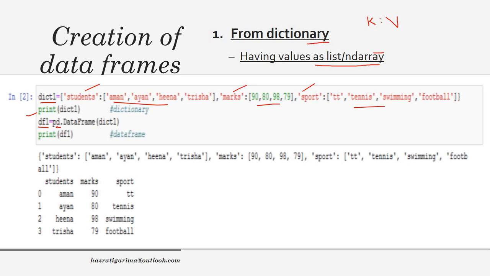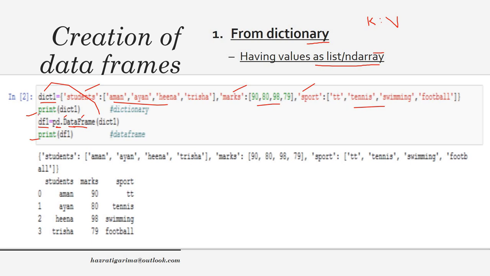I'm writing over here pd.DataFrame. DataFrame is a function, and you have to keep in mind that the D and F of DataFrame are always capital, else it will give you an error. Now I'm passing this dictionary object to this DataFrame function. After that, I'm printing this data frame.